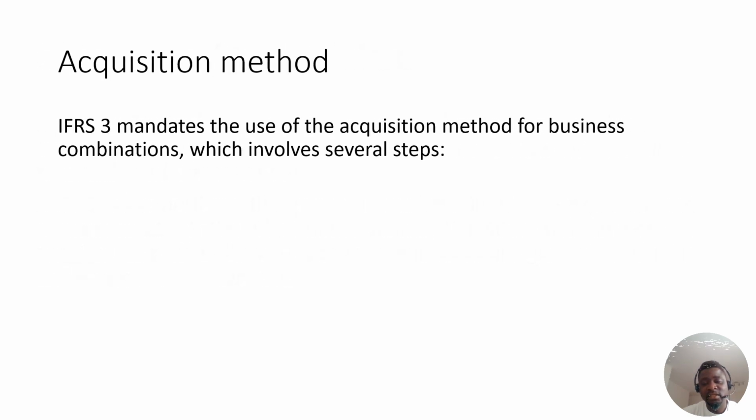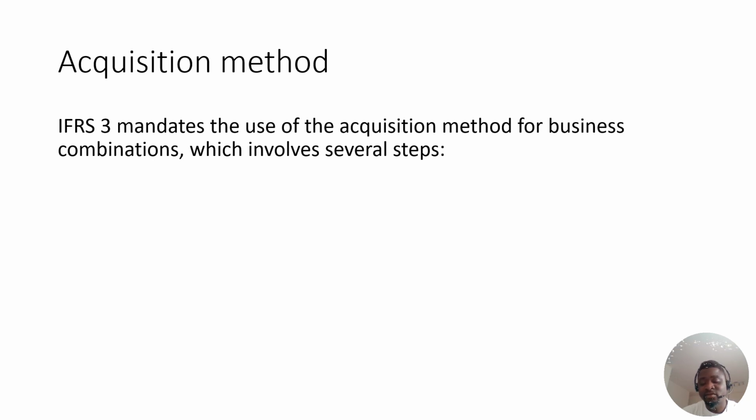So there are certain steps we need to look at under IFRS 3 business combination, because the standard says that we should use the acquisition method when we see that a business combination has occurred in the process of acquiring between the holding company and that of the subsidiaries.